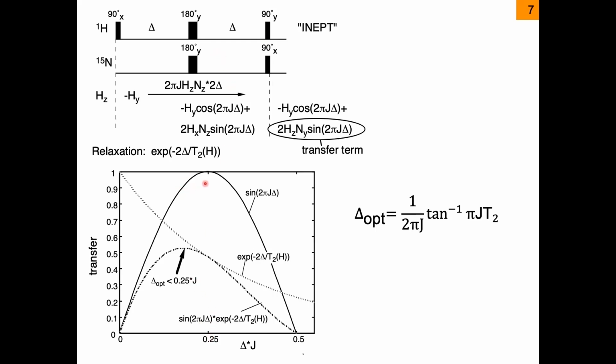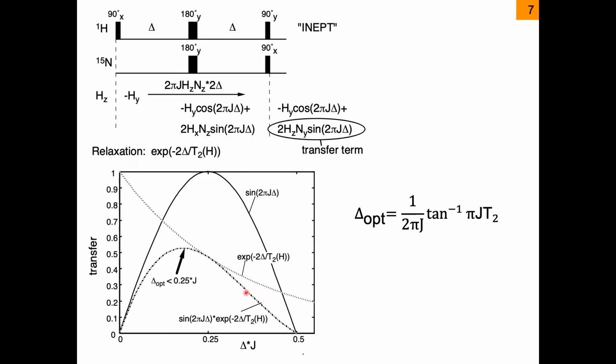But now, during this time, you have the relaxation happening. Transverse proton magnetization is there, and it feels the T2 transverse relaxation. So it decays exponentially, normally with the T2. And so you get this additional factor of exponential decay, and you need to multiply the two things.